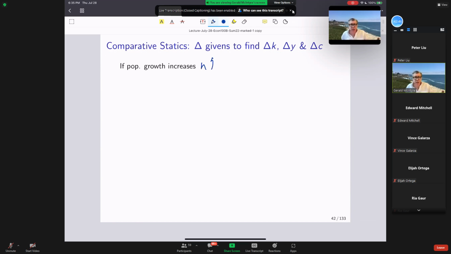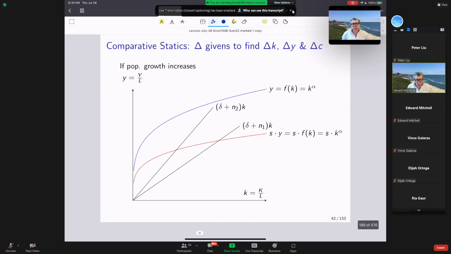So N rises. Well, first we have to ask, where does N live? N lives in the break-even line. So we'll want to look at that. Here's N. And if N2 is higher than N1, then the break-even line gets steeper and rotates in.